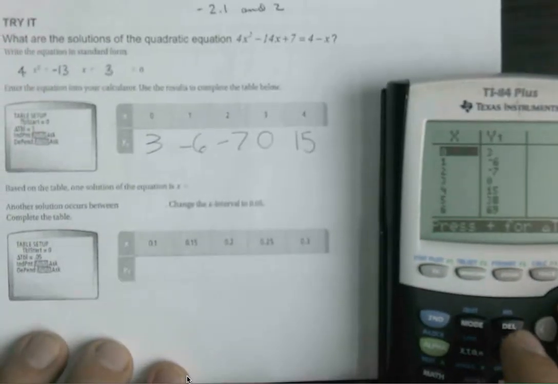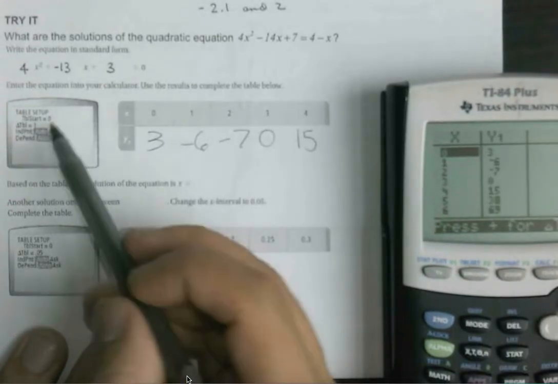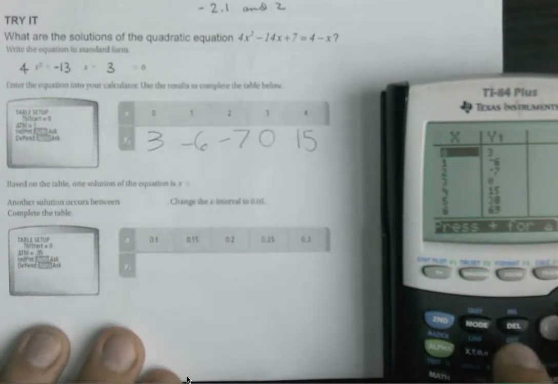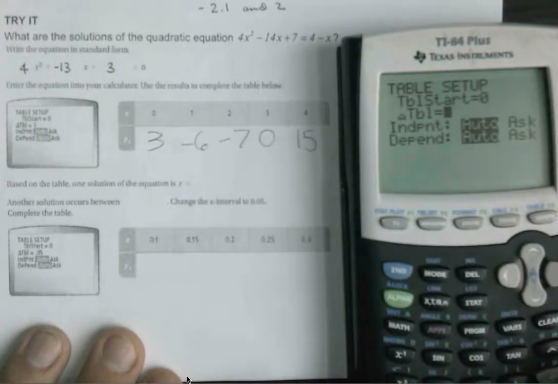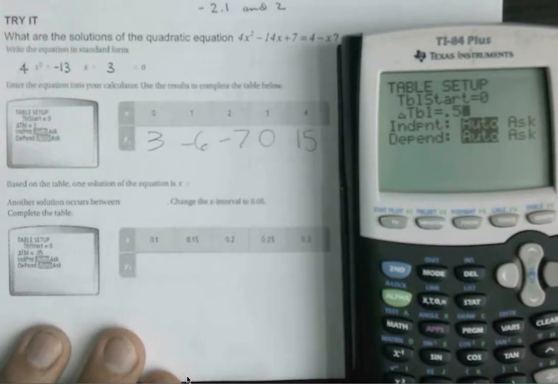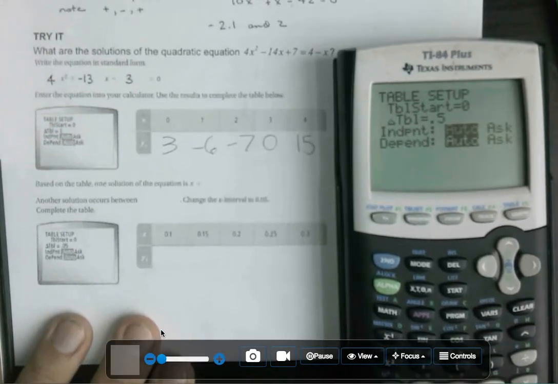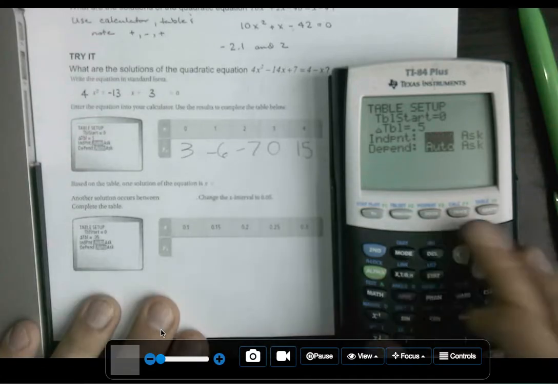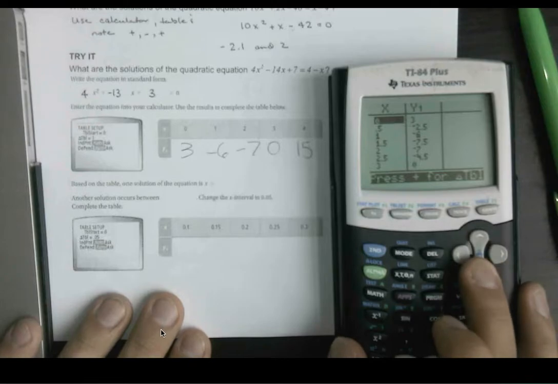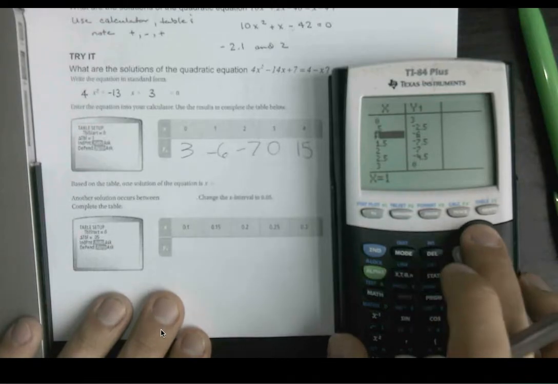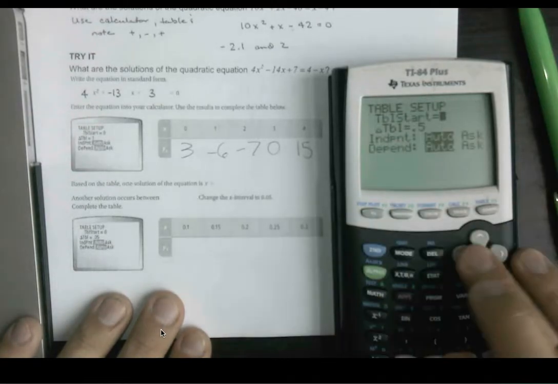We can also switch up the increment that we go in. So although this was going in increments of 1, if we switch this by hitting second and then table set, switching this to 0.5, then you hit second table. If we go by increments of 0.5, or sorry, 0.05.